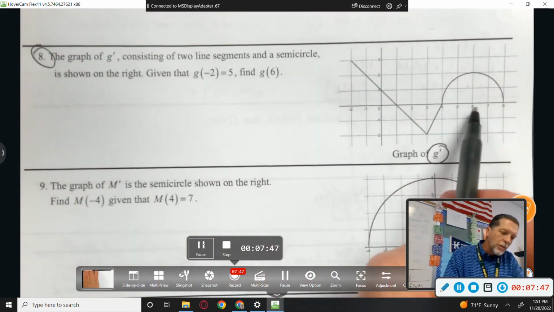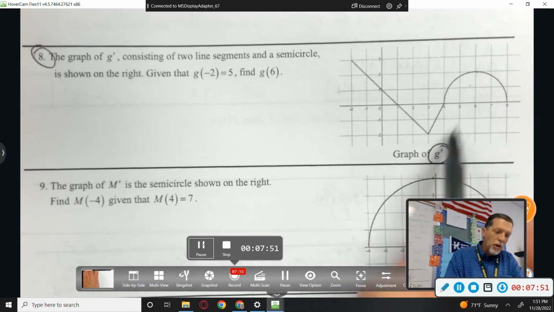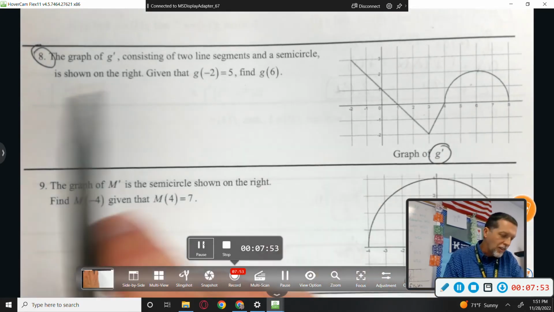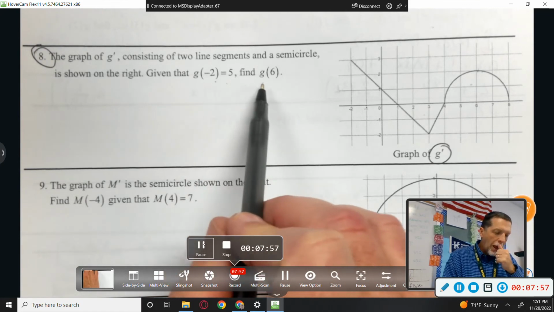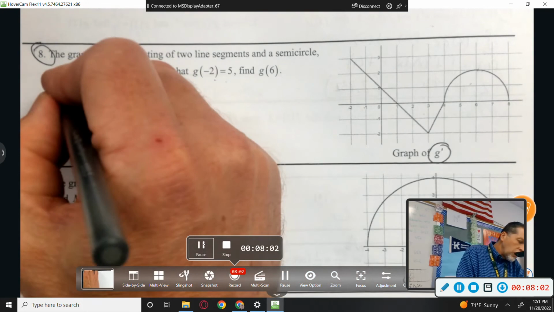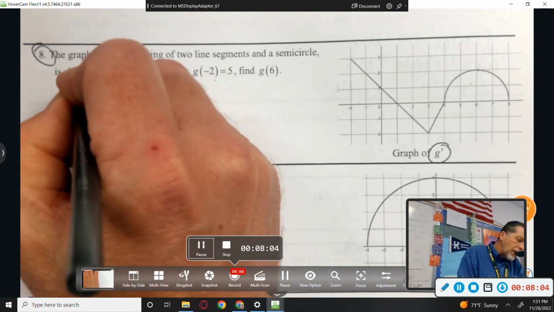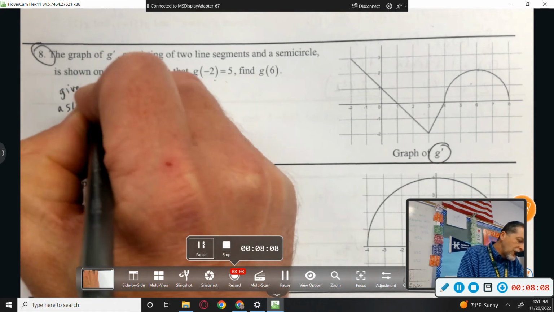Somebody is going to tell me that G of 6 is 2, but that's not right. G prime of 6 is 2, but that's not what we're asking. Given that G of negative 2 equals 5, find G of 6. So they gave me G prime, and they're asking about G.